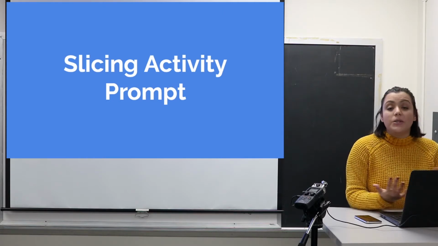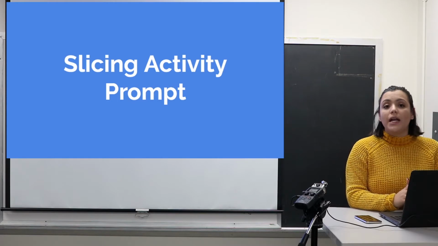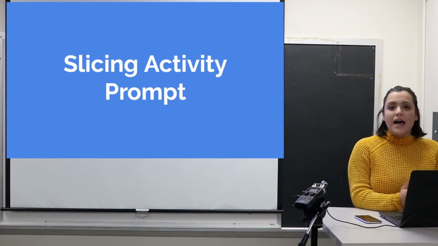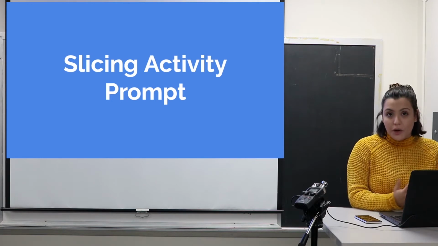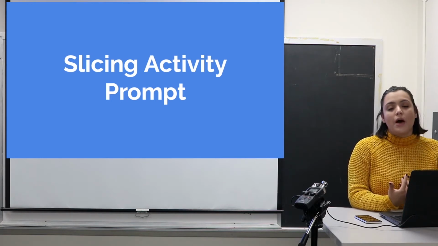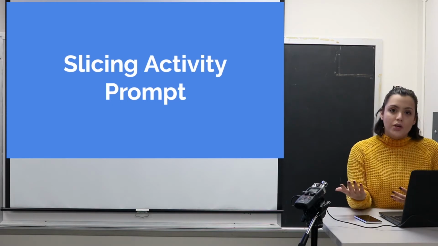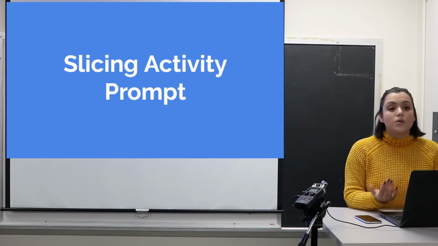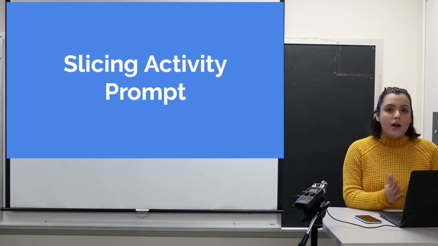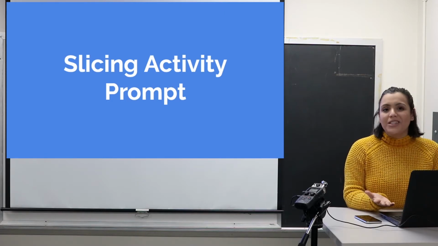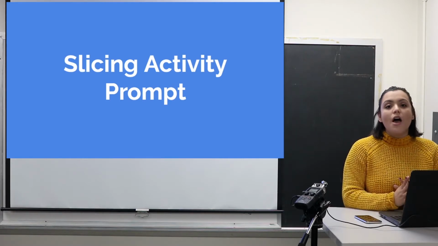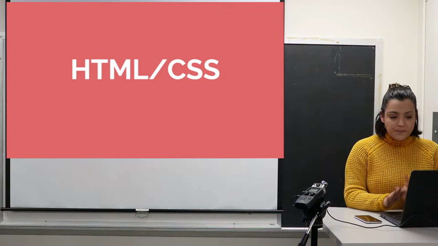So let's say that you design your button, so you will go in and kind of just cut the buttons individually and save each button as a PNG photo. So you will be coding then that photo so that when you click on it, it'll take you to your desired page. You can do this with your banner, you can do this with your footer, with your navigation, whatever you want. But all of that information is on this activity prompt, and if you have any questions whatsoever with this, feel free to reach out.